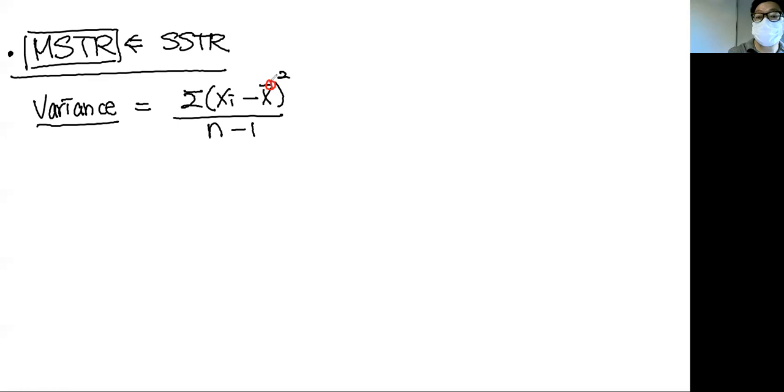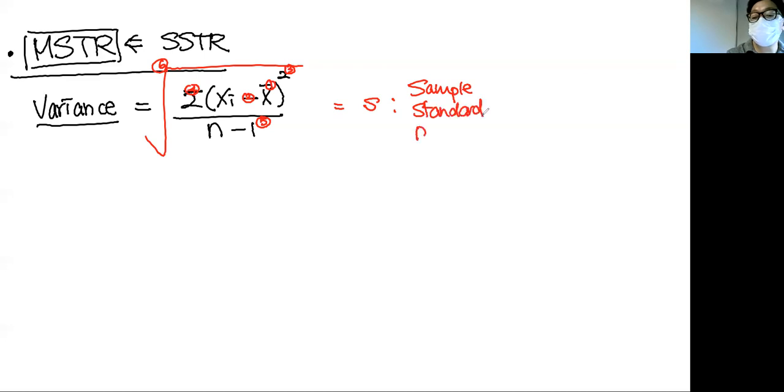Step 2, we take the difference. Step 3, take the square. Step 4, take the sum. Step 5, divide it by n minus 1. And finally in step 6, we take the square root of it, which was the S, the sample standard deviation.